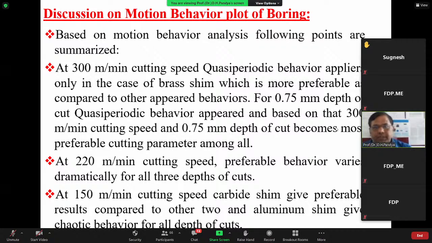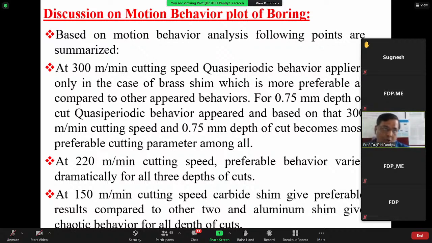Based on the motion behavior of this plot, the analysis is summarized. At 300 meter per minute cutting speed, a quasi-periodic behavior is applicable only in the case of brass SIM. At 220 meter per minute cutting speed, the preferable behavior varies dramatically for all three depths of cut. At 150 meter per minute cutting speed, carbide SIM gives preferable results as compared to the other two, right?